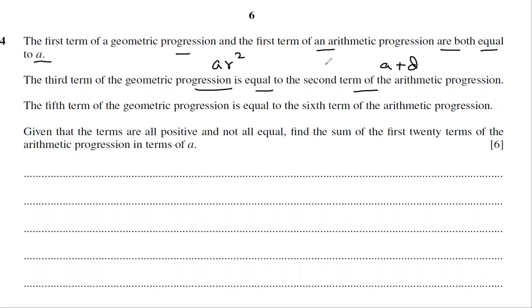Okay, is equal, equivalent. Fifth term of the geometric progression, sir, A r to the 4. The ratio r, a is less. The sixth term, sir, will be A plus 5d. Given that all are positive and not all are equal, find the sum of the first 20 terms of the arithmetic progression in terms of a.